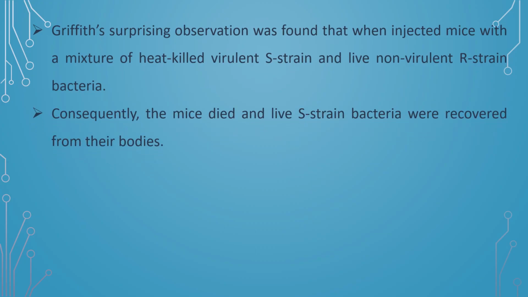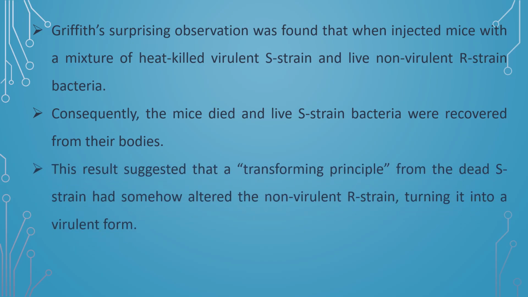The surprising observation was that when mice were injected with a mixture of heat-killed smooth strain and live non-virulent R strain bacteria, the mice died and live S strain bacteria were recovered from their bodies. So this result suggested a transforming principle.